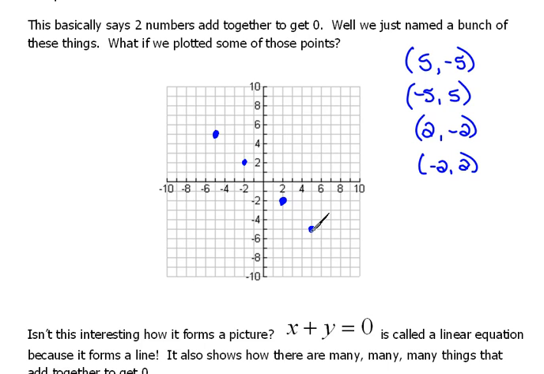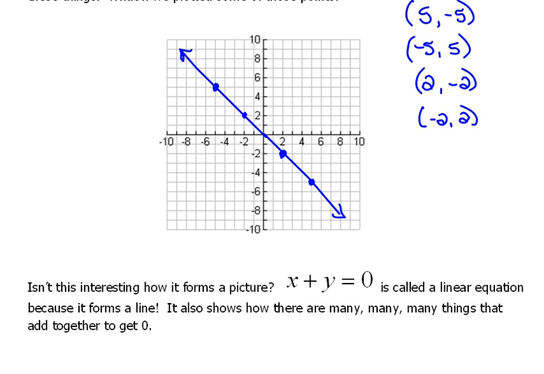Now, what do you notice about those points? Those look like they lie all along the same line, don't they? I could really draw a line through all of those points. That is exactly what happens. x plus y equals 0 is called a linear equation because it forms a line.